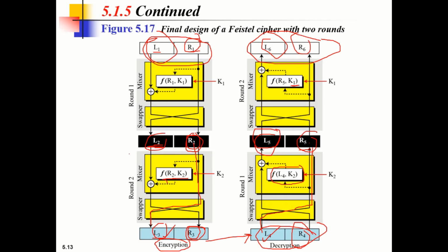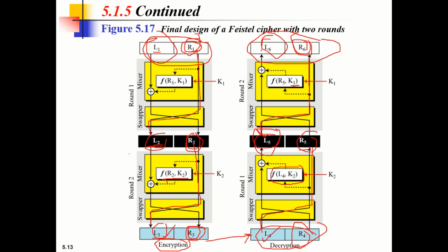So we can see it from here. This R6 is equal to L5, right? This L5 is equal to L2. We have already proved it. So L5 is equal to L2, and L2 is equal to what? This is equal to R1, right? So R1 and R6 are proved equal.